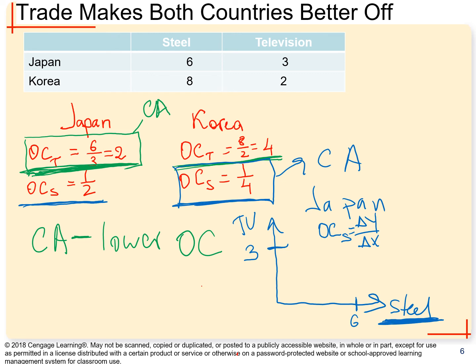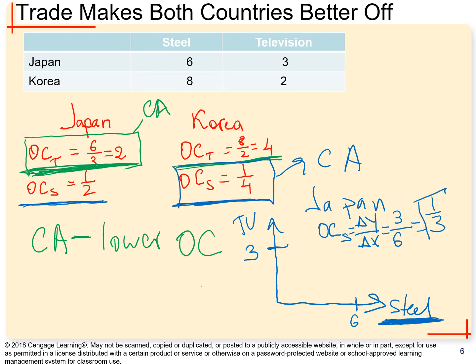On my horizontal line, I put units of steel. Therefore, this is going to be opportunity cost of steel. Now, delta Y is going to be 3. Delta X is 6, so therefore opportunity cost of steel in Japan is going to be 1 over 3.